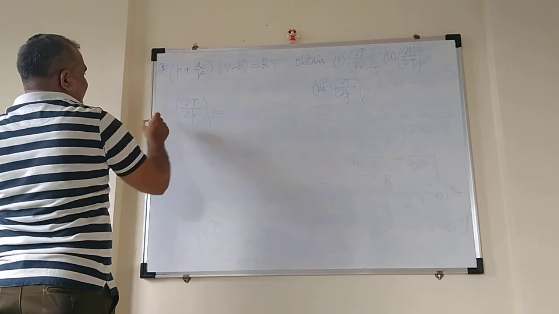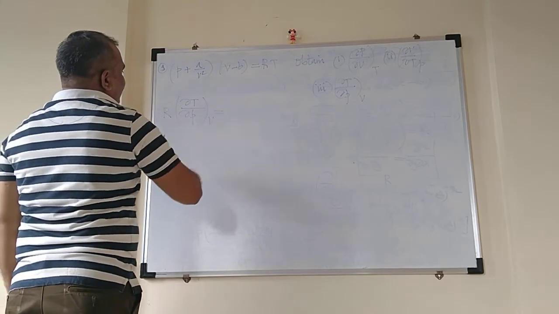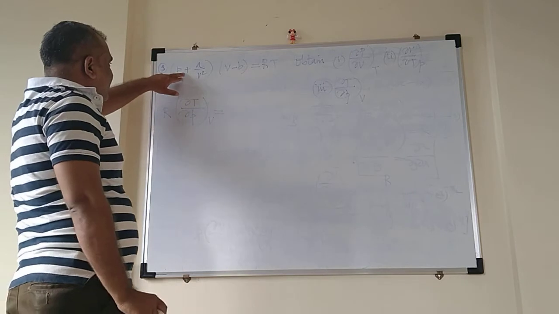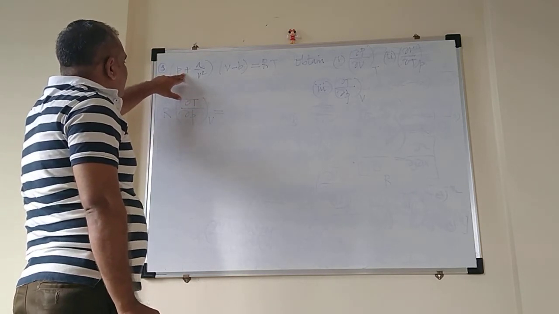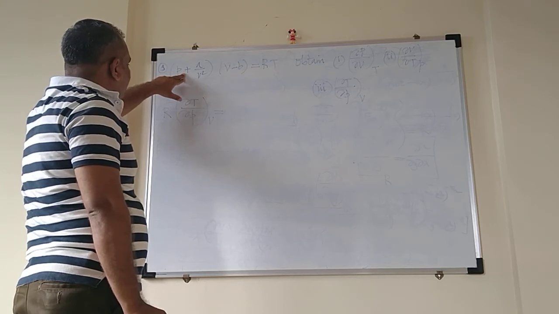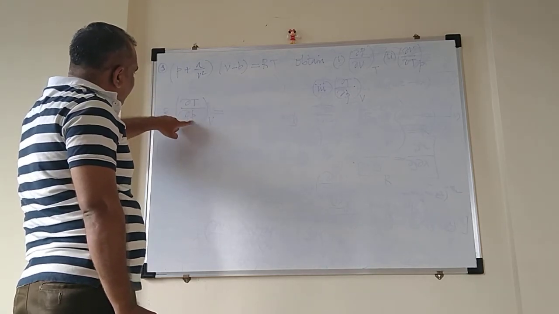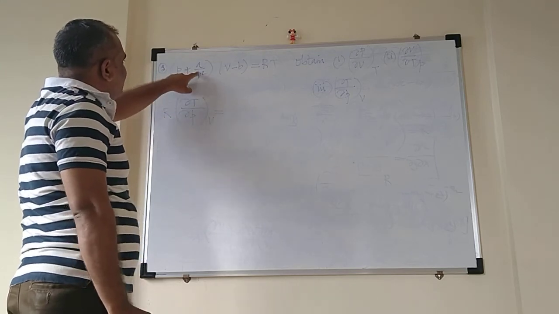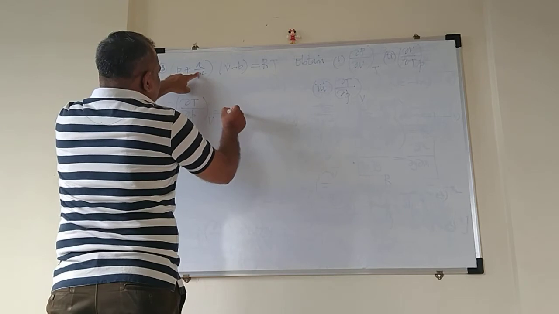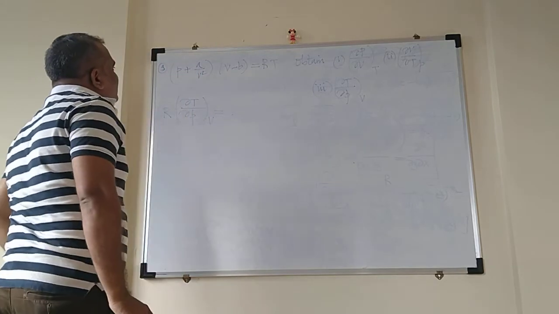So let me write in the reverse way. This is r into dou t by dou p at constant v is equal to, now differentiate the left hand side with respect to p when volume is constant. Differentiation of p with respect to p at constant volume is 1 only, and this is equal to 0. So I will get here 1 plus 0.